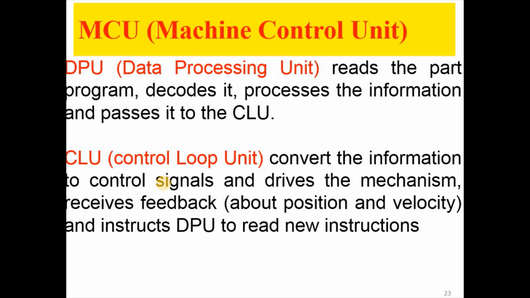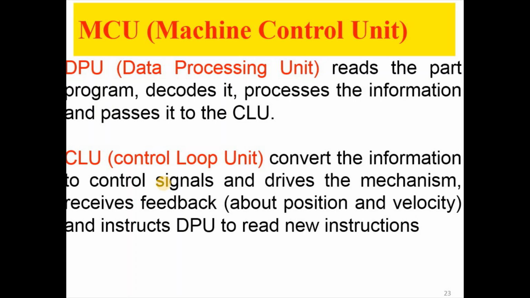If any problem is there, they will send feedback regarding the position and velocity of that particular operation, and again the CLU instructs the DPU to correct it, or if the instruction is correct, then go for the next instruction, read the new instruction.